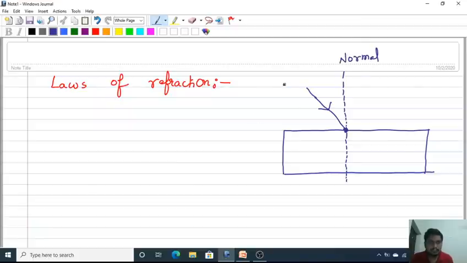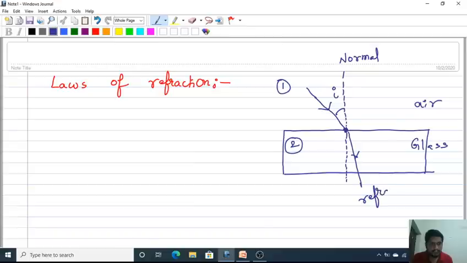Light is traveling from medium 1 to medium 2. Let medium 1 be air and medium 2 be glass. The angle of incidence is i, and it bends like this. This is the refracted ray. This is the incident light ray. What is the angle of refraction? The angle between the normal and the refracted ray is the angle of refraction.